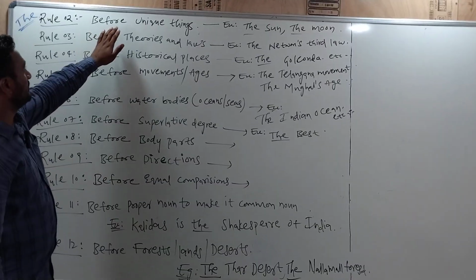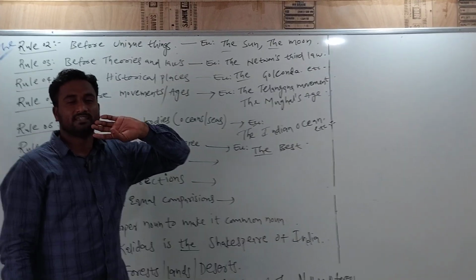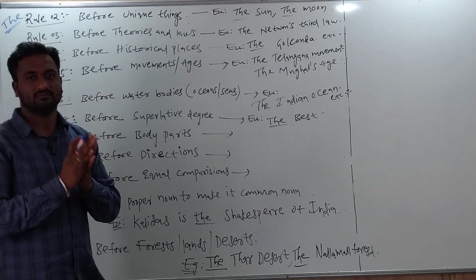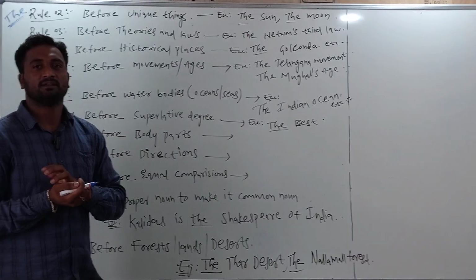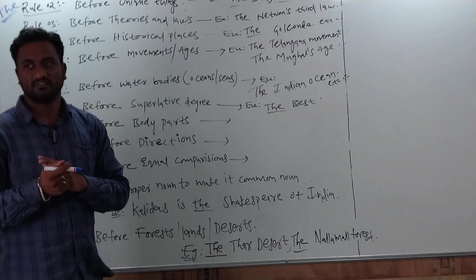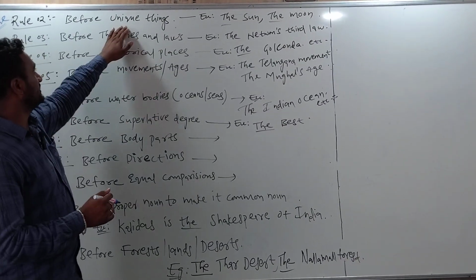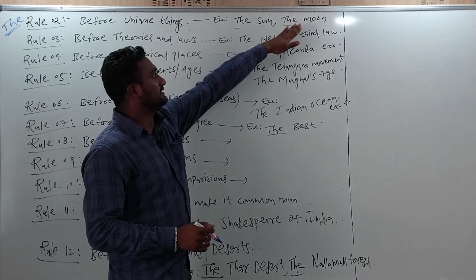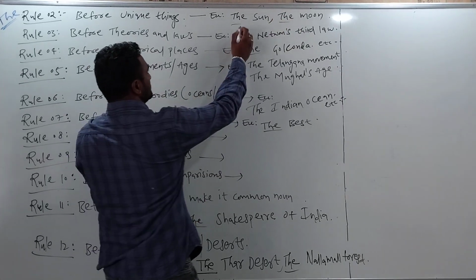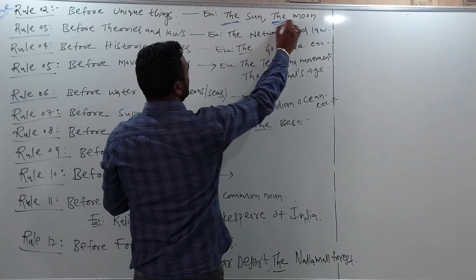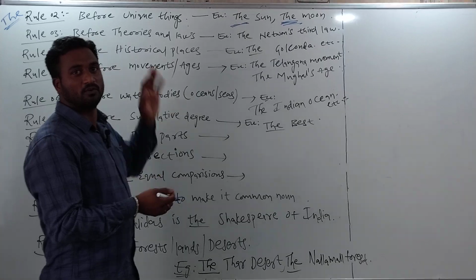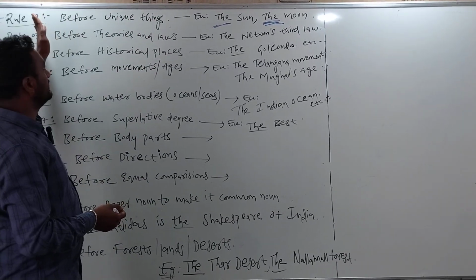So where do we use article the before unique things? You know unique things, which can't be copied or which we can't find a copy of. Unique things, so the sun, the moon. That is the reason I used article the here. I did not use article a or an. Before unique things we should use only article the.